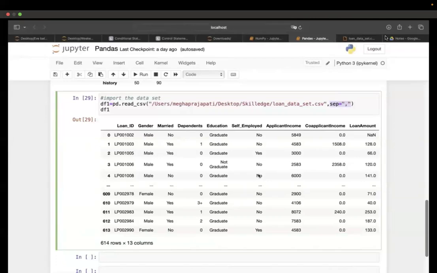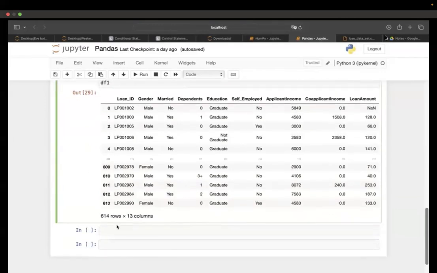Okay. Once you understand separator, now we are going to jump into the indexes. Sometimes, while importing the data set, the client already mentions that any column from your data set can be created as the index of the data.